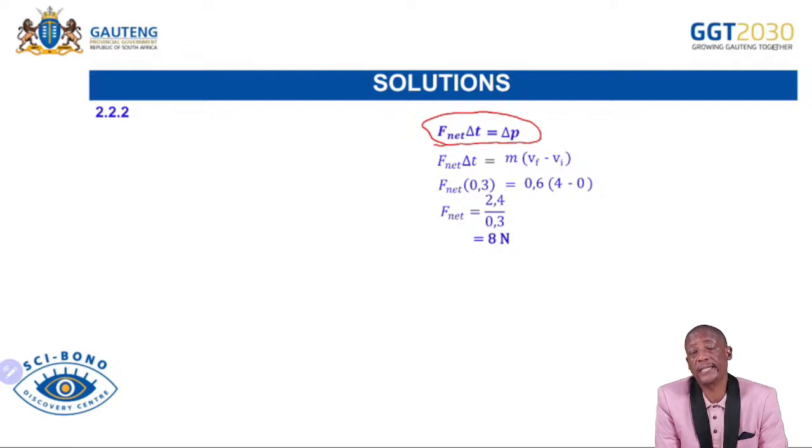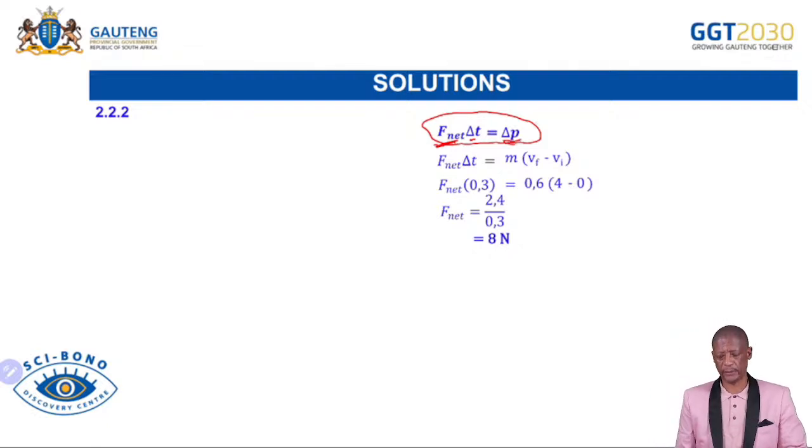You can calculate the time, or you can calculate the force, depending on what we are given. But this time, we're given the time, so we need to calculate a force. We have the time, and we can calculate the change in momentum.